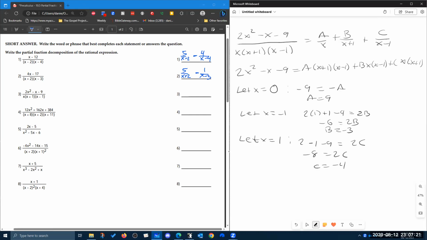C equals negative 4. So I get that this is 9 over x plus negative 3 over x plus 1 minus 4 over x minus 1.